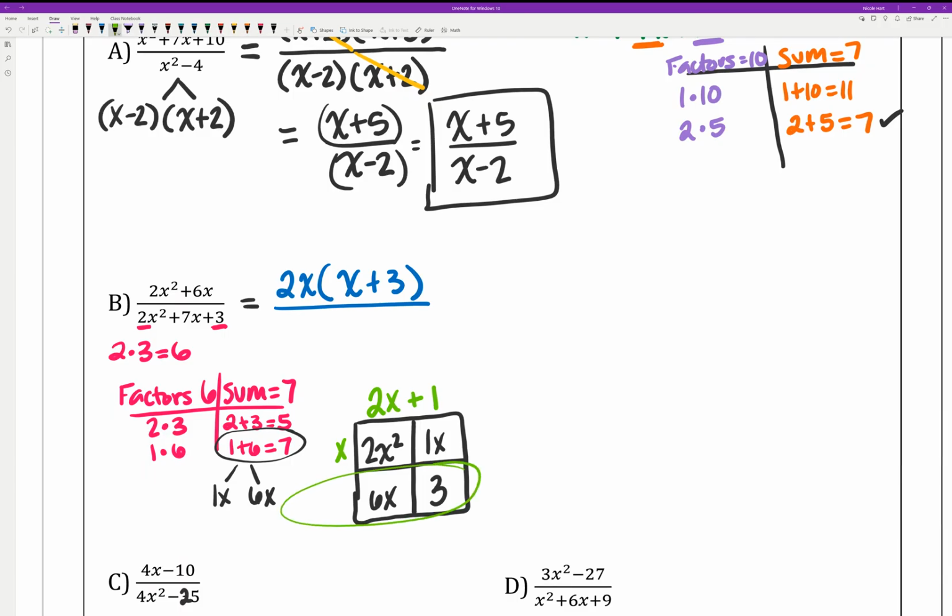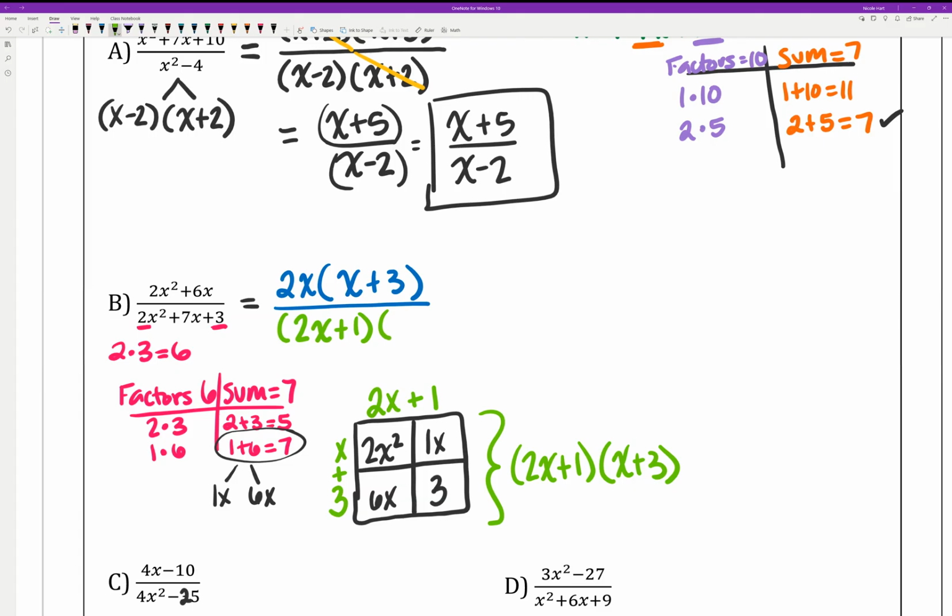And then in the bottom row, the greatest common factor between 6 and 3, the largest number that divides those two, is 3. And we don't have two x's, so I'm going to leave it as is and put a plus sign in between. So this turns into 2x plus 1 times x plus 3 as our factored piece on the bottom. So I'm going to add that to the bottom of my expression.